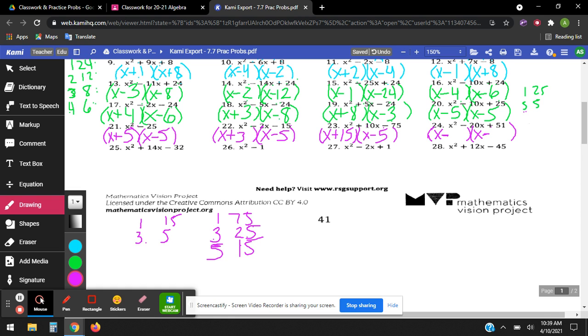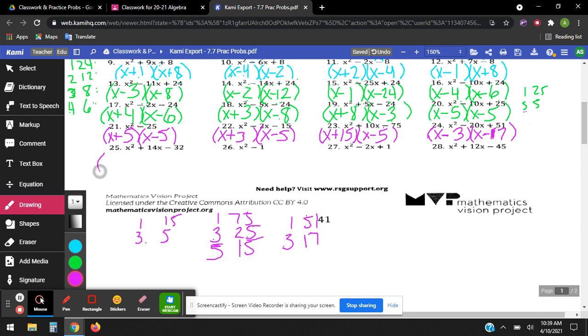All right, well, 51 is 1 and 51. 2 doesn't go in there. 3 does, though. 3 goes into 51. Let's see. 17 times. Okay, so 1 and 51 were too big to add. 17 plus 3, that gives me 20. So I have 3 and 17.